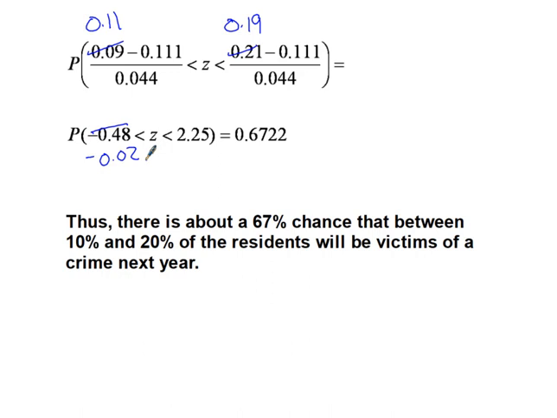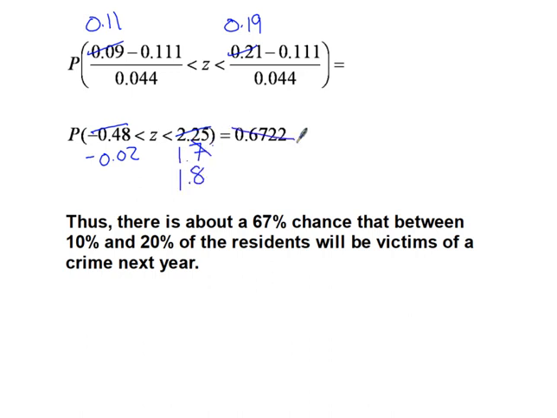And then 0.19 minus 0.111, divided by 0.044. Okay, that's going to be 1.7. Actually, it's going to be 1.8 when I round.